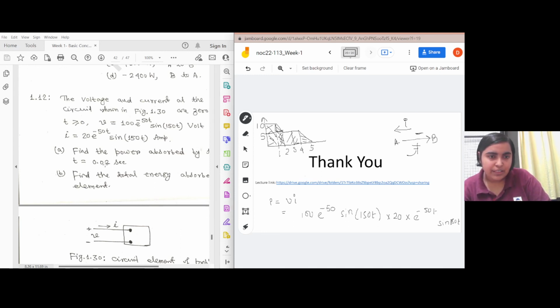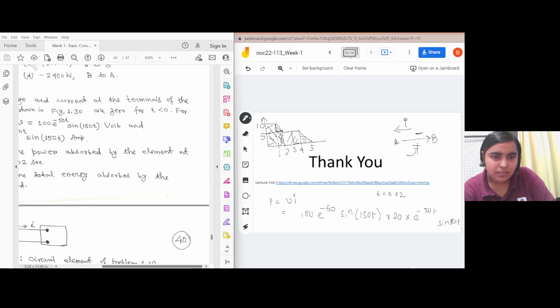So you have to find it at t equal to 0.02 second. So anyone has got the answer?